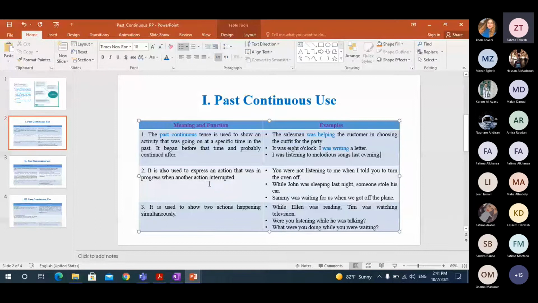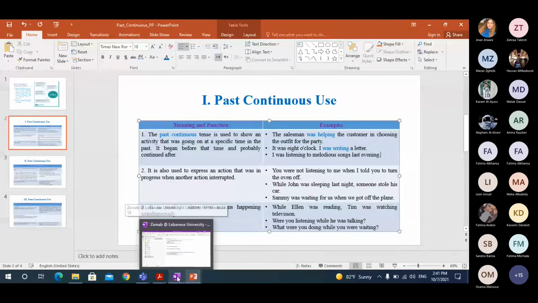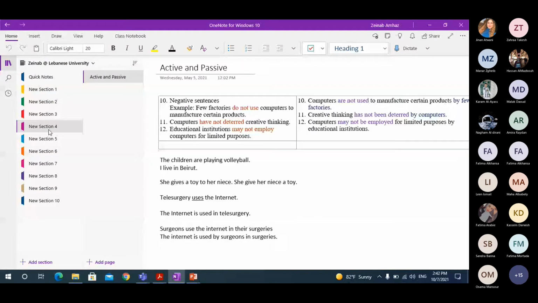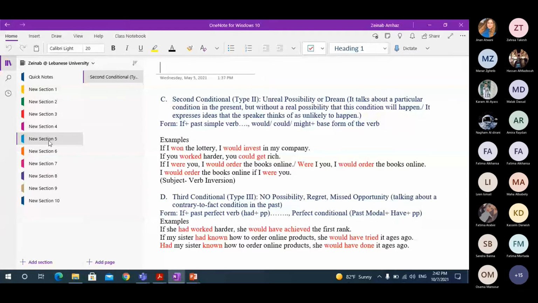Will you explain to us about if, like if I were, if I was, conditionals of course. Honestly, I got tired and I wrote them here in the notes. I forgot which section. Active passive here, negative sentences. Because in school the teacher told us that not everyone knows that with if we use I were, not was. That's second conditional. This is what I want to explain. Of course, I will explain them.